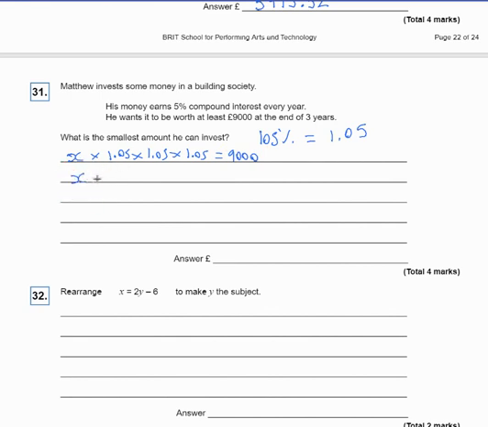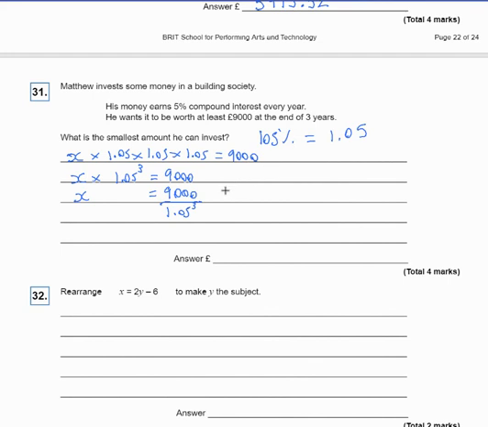We've got X multiplied by 1.05 to the power of 3, and we want that to equal 9,000. Now, I'm going to rearrange it to make X the subject. So X is equal to 9,000 over 1.05 to the power of 3. So we're dividing.